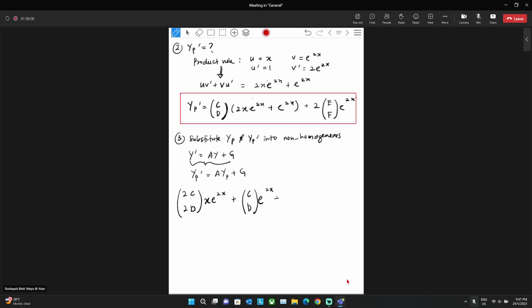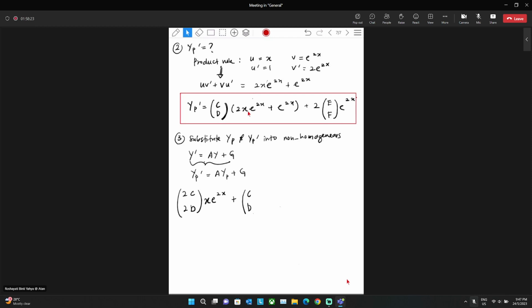You boleh combine kan? CD, because for this one it has x and exponential 2x, so you cannot combine with other coefficient.